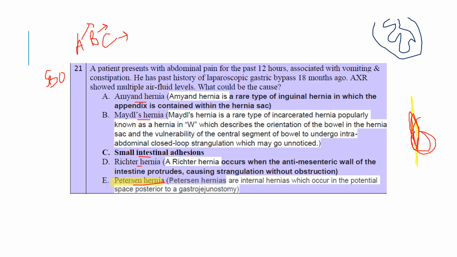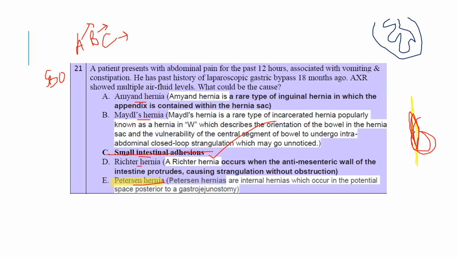So if you have intestinal adhesions as an option, you have to always choose that. Otherwise, like you see here, Peterson hernia, like I told, it's an internal hernia which occurs in the potential space posterior to the gastrojejunostomy. So that can also be an answer, but the important and most common cause is adhesions.